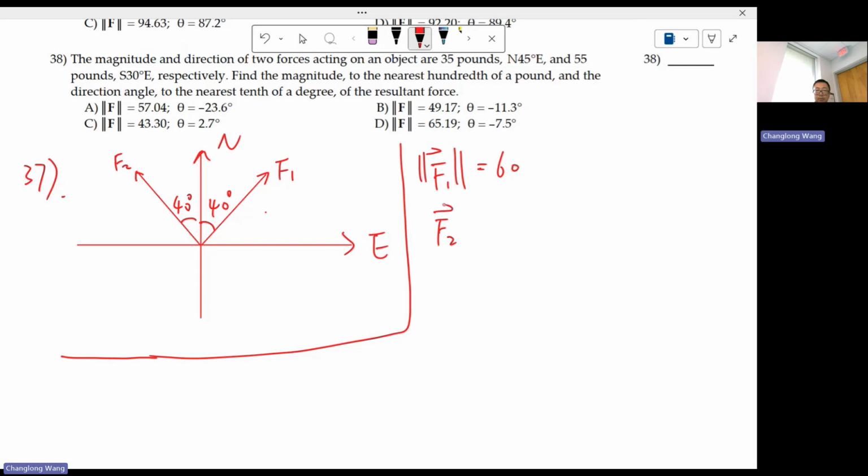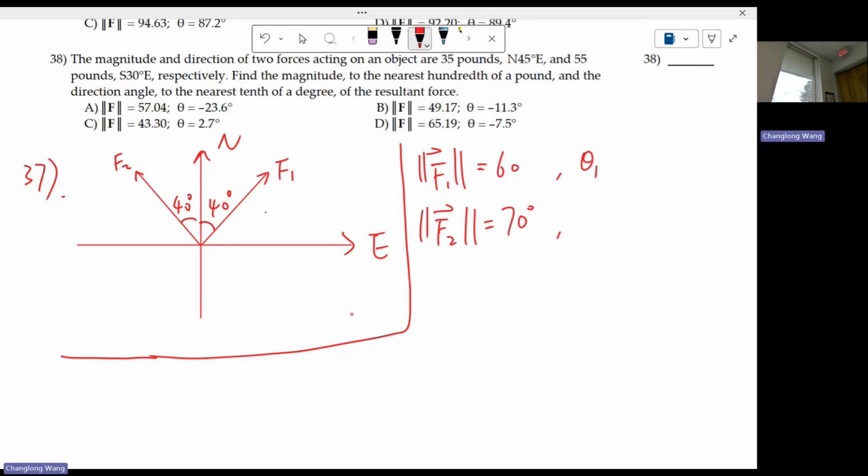The magnitude of F2 is 70. Okay, but my question for you: what do you think will be the angle associated with the vector F1? The angle that we use the whole time for the calculation, sine theta, cosine theta. So for F1, would you just take 40? Why not?